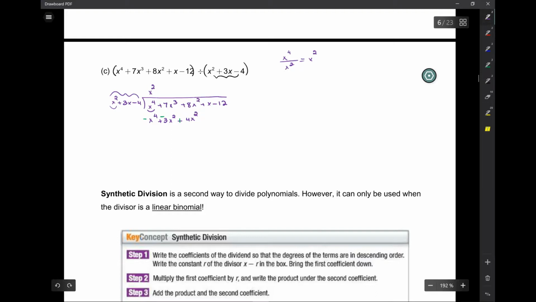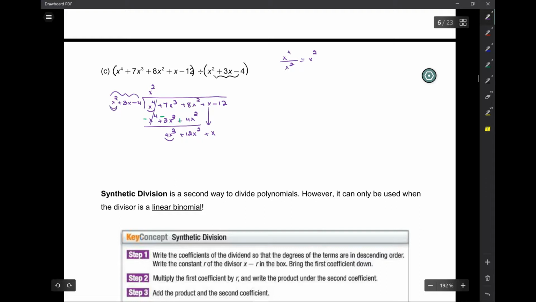And add. Goes away. I'm sorry, 4x cubed. This is a cubed. Sorry. 4x cubed plus 12x squared. Now I'm going to bring down a plus x. All right, so same stuff.